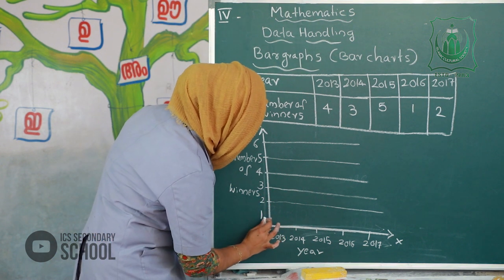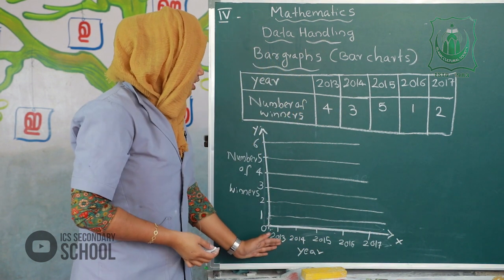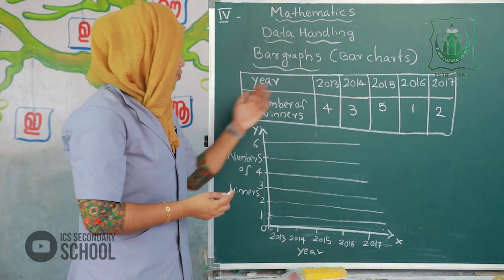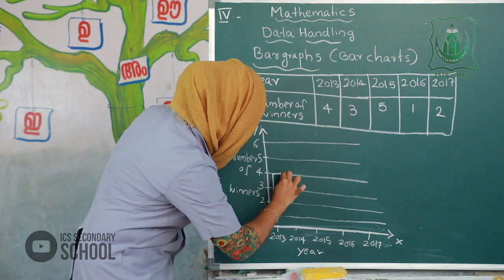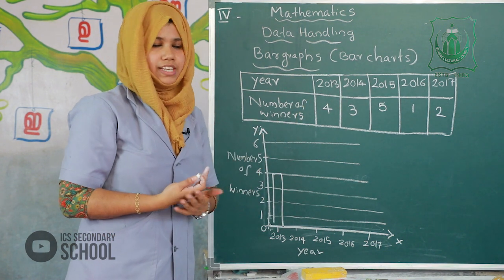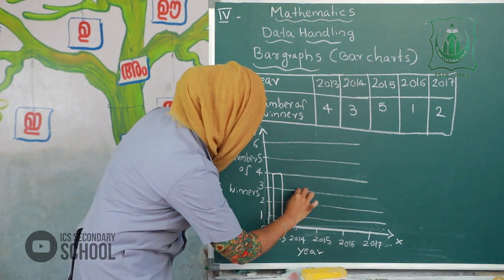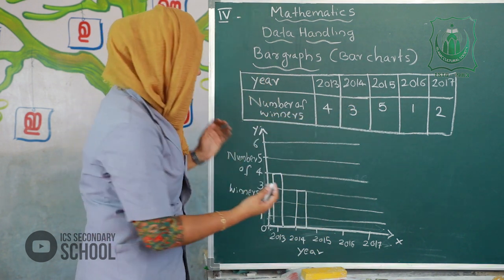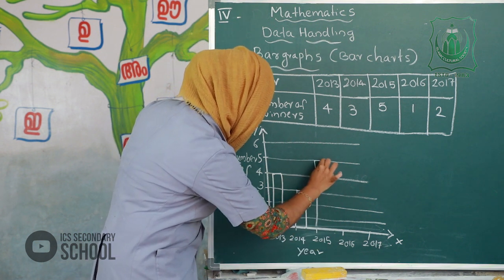Now, in 2013, how many winners are there? 4. So, here we can draw a rectangular bar like this. Next, in 2014, how many winners are there? 3. So, here we can draw a rectangular bar. In 2015, 5 winners are there, so we draw a bar at 5.